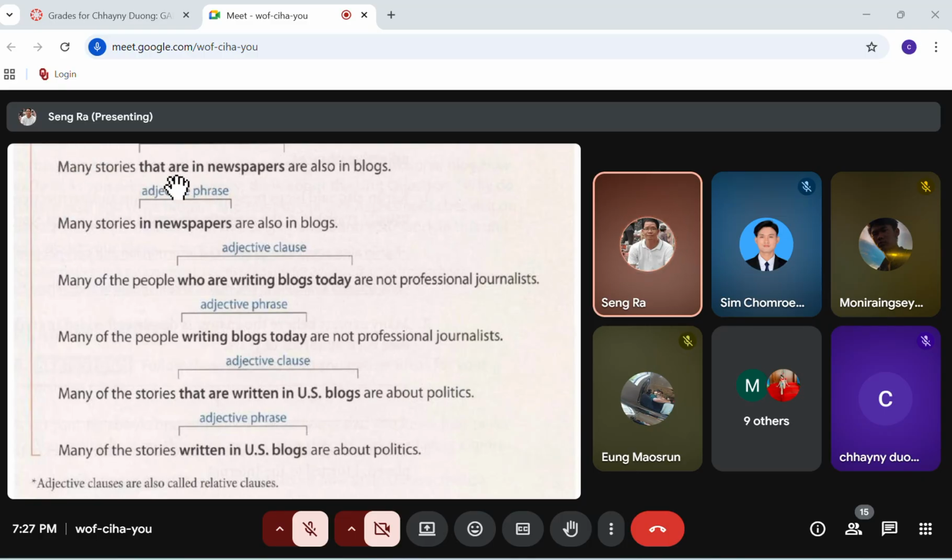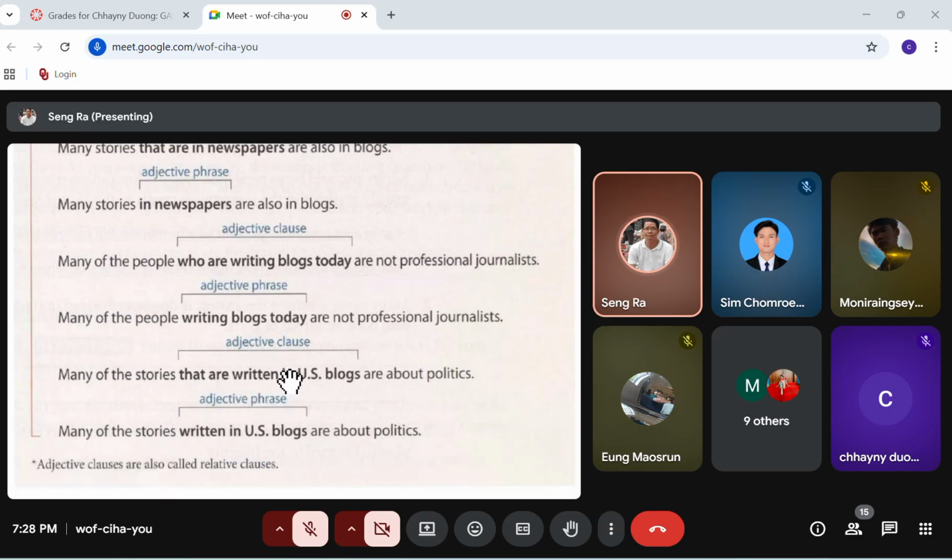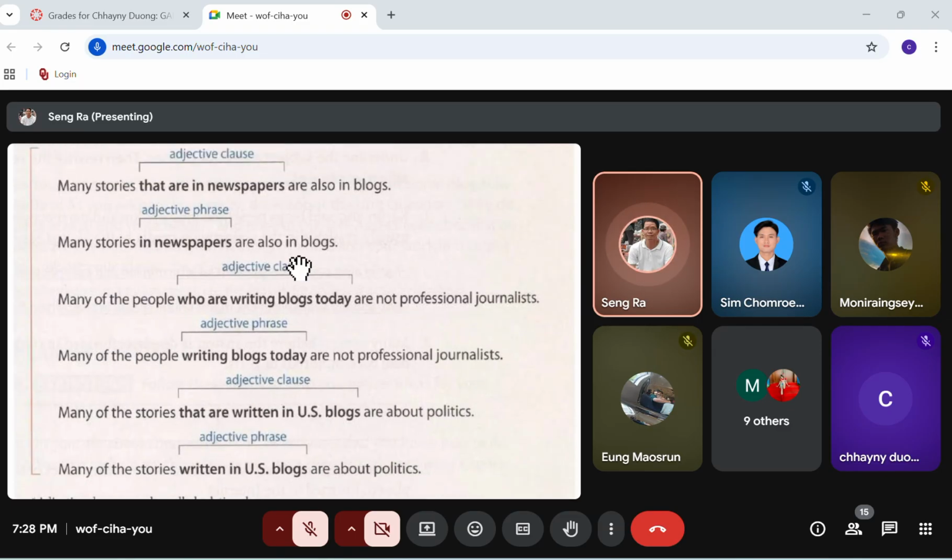You can use either again. It's your choice. The decision is yours. You can use an adjective phrase or an adjective clause. It's up to you. But if you're not sure which one is correct, you may not want to take a risk. You may use the adjective clause, which you are familiar with.